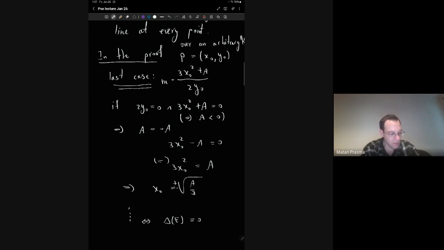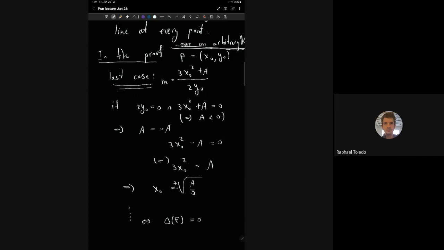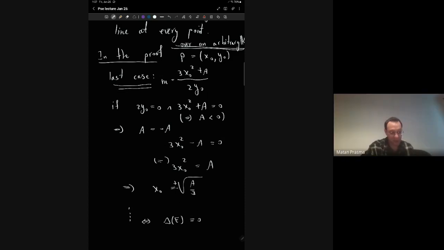The square root might not be defined? Exactly. Yeah. So the square root is not a feature that you can have in every field.